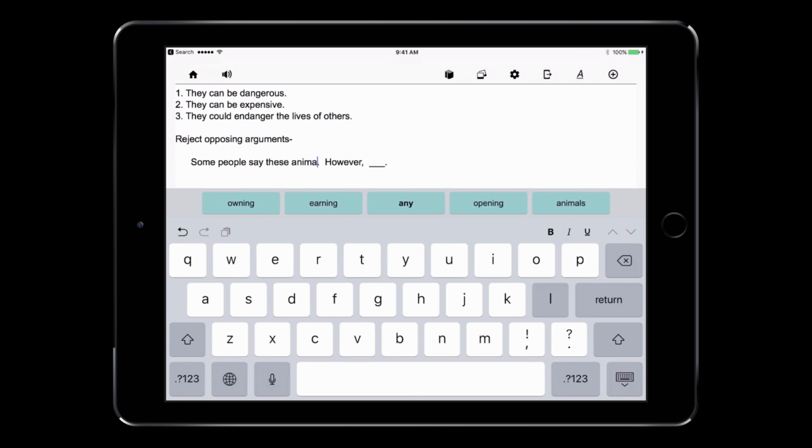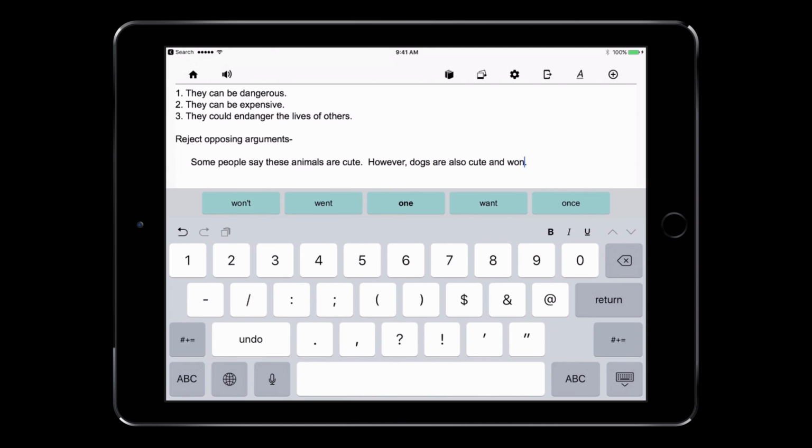So some people say that these animals are cute. However, dogs are also cute and won't try to eat you. Okay, so the students will acknowledge, yes, there is another side of this argument, however, this is why they're wrong.